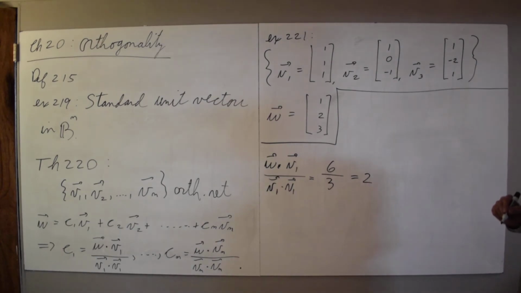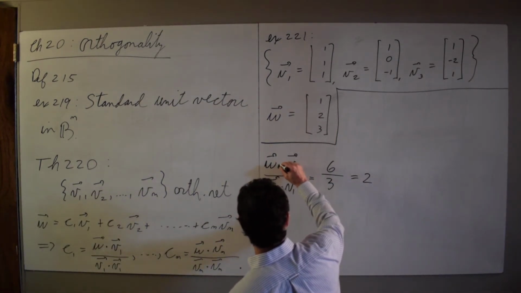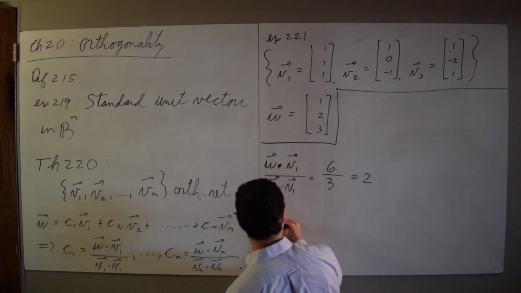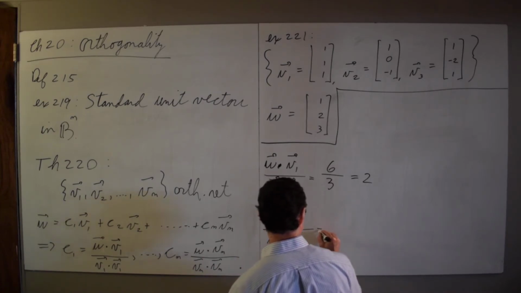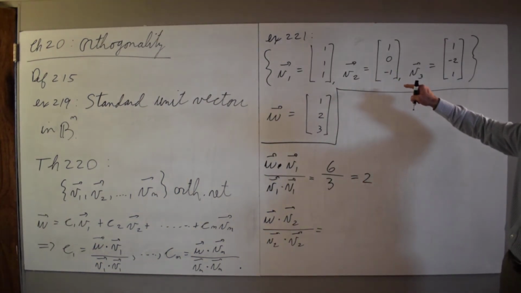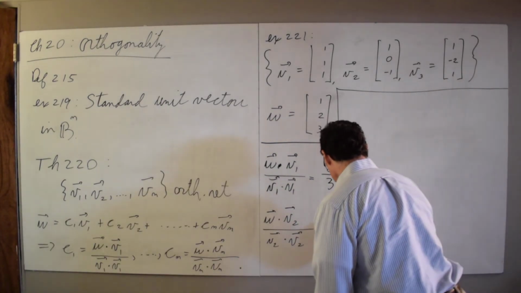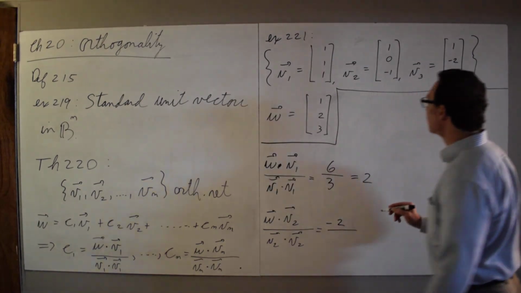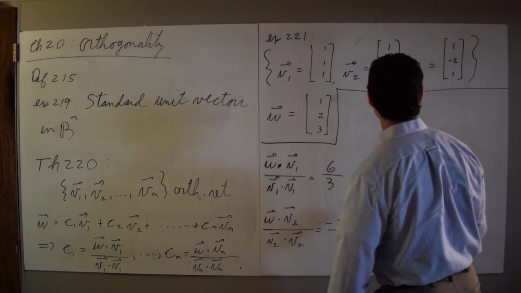Let's do the same thing with V2 and V3. The dot product of W with V2 is going to be 1 plus 0 minus 3. And the dot product of V2 with itself is 1 plus 0 plus 1.